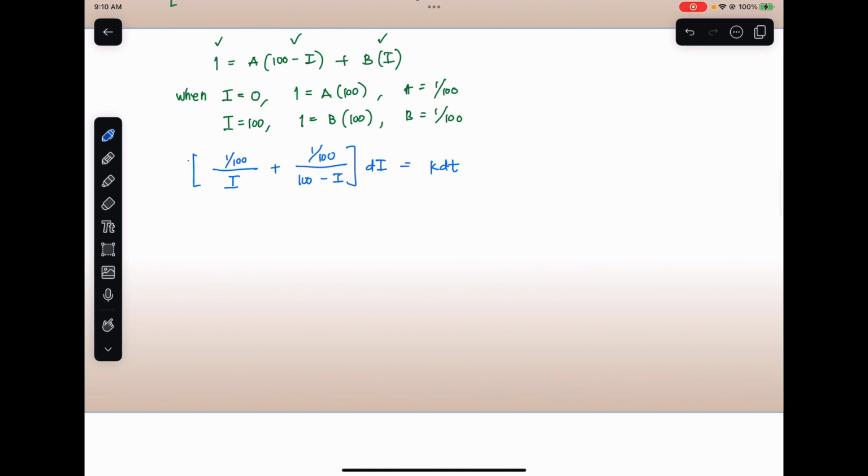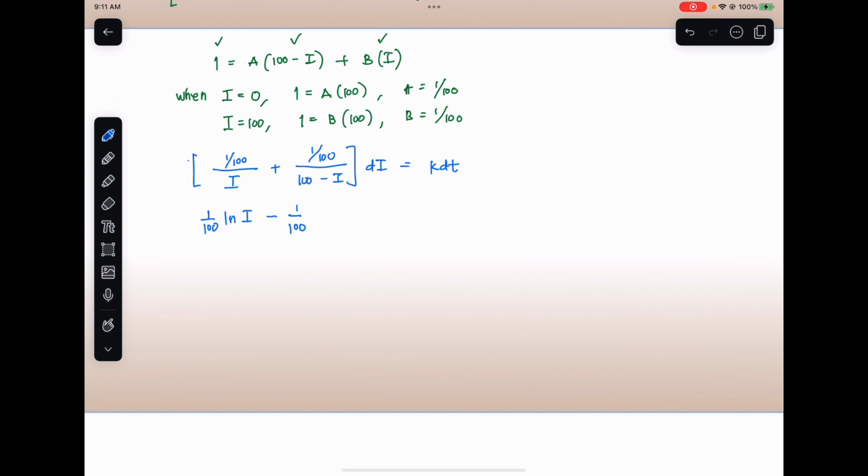So now we can integrate both sides. This would become dI over I, which is ln I, or 1 over 100 ln I. And then this one would be 1 over 100, and our denominator is 100 minus I. Once we derive it, it's negative dI, so our neutralizing factor would be negative 1.